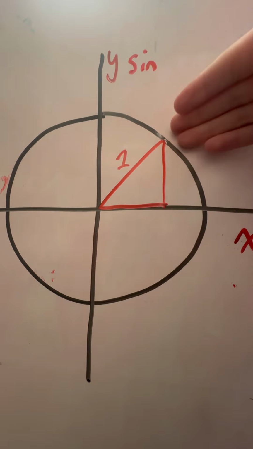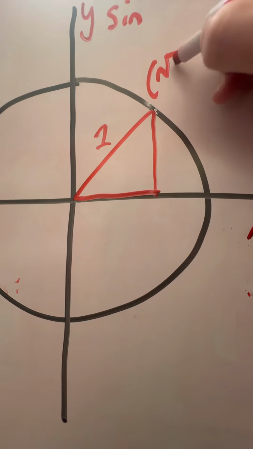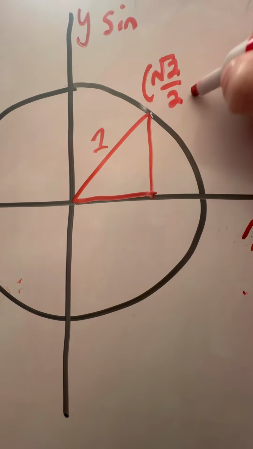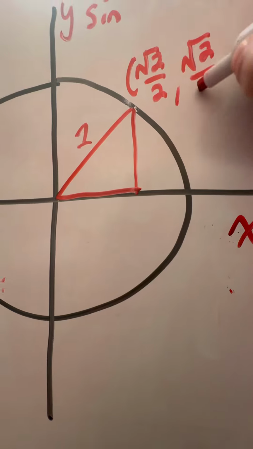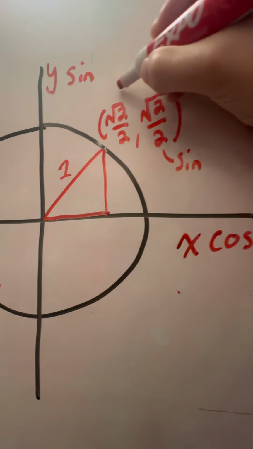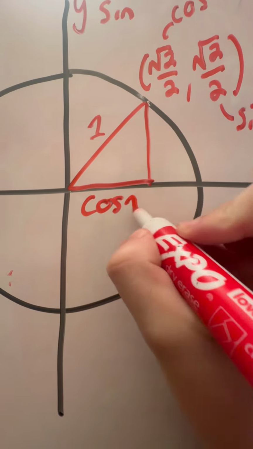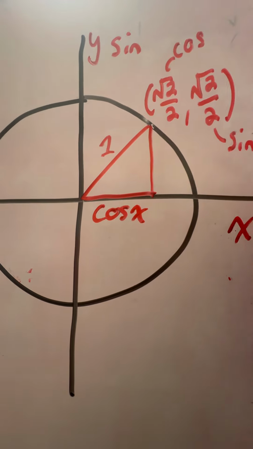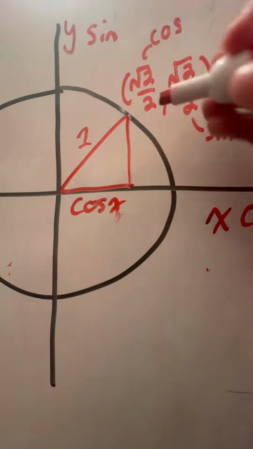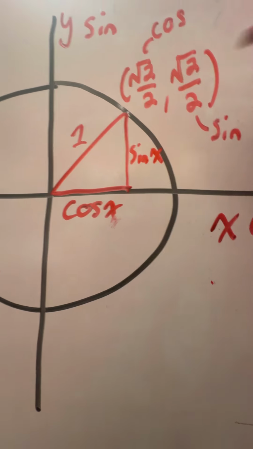So all the coordinates on here, for example, if this is root 2 over 2, comma root 2 over 2, this would be the sine coordinate, and this would be the cosine coordinate. And so that basically means that this horizontal distance we can just mark as cosine of x or cosine of theta, whatever variable you want to use. And then we can say this is sine of theta or sine of x.